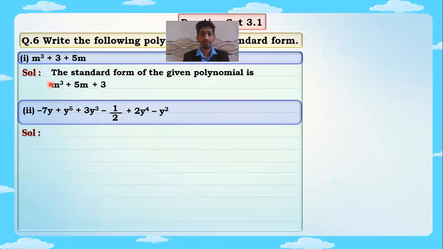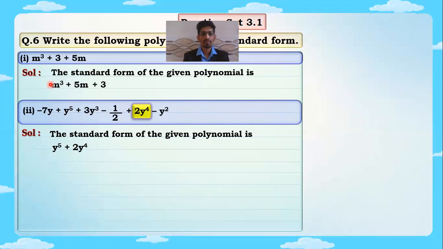So first of all, the standard form of the given polynomial is, the highest power is raised to 5. So we have to write that at the start, that is y raised to 5. After raised to 5, which power is smaller than 5? Yes, very good. It is 2y raised to 4. So let us write that along with the sign, plus 2y raised to 4.